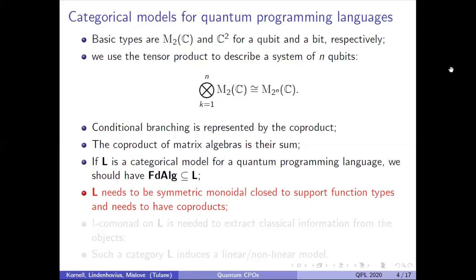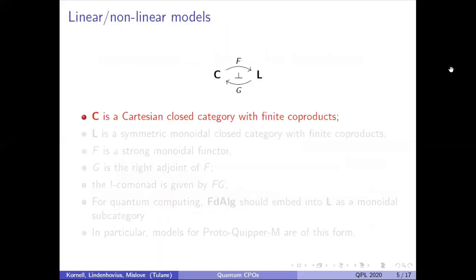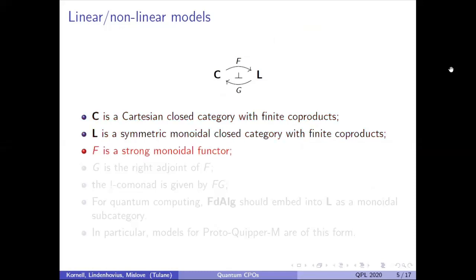In order to support function types, we want L to be symmetric monoidal closed. It should also represent conditional branching, so we should have coproducts. And in order to extract classical information from the objects, which you typically want with quantum programming, you need a comonad on L, which is typically referred to as the bang. And any such category induces a so-called linear-nonlinear model, and that consists of a Cartesian closed category and a symmetric monoidal closed category and a strong monoidal functor between them, which has a right adjoint.